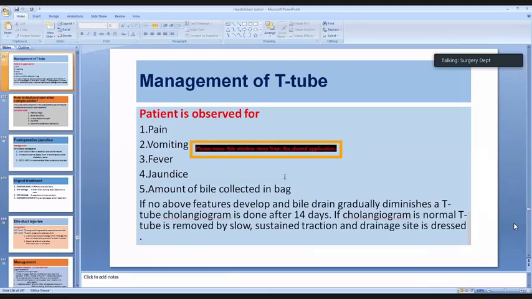If there is block, we have to correct this block before removing the T-tube.